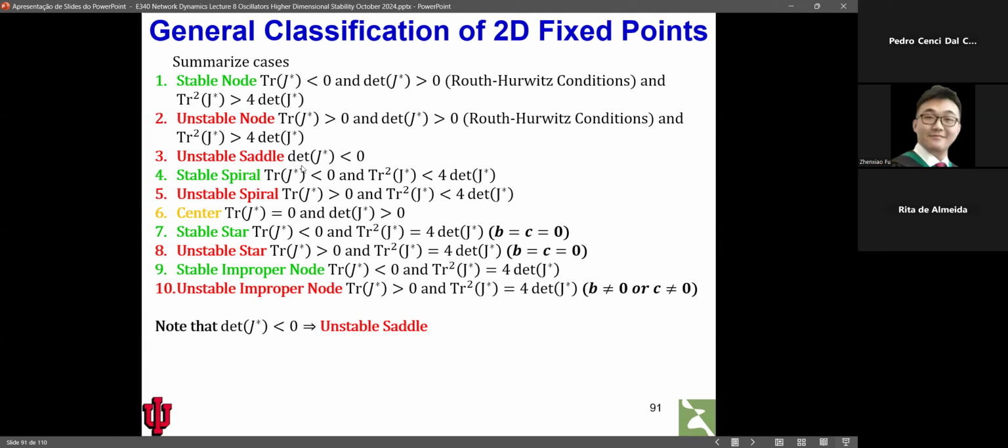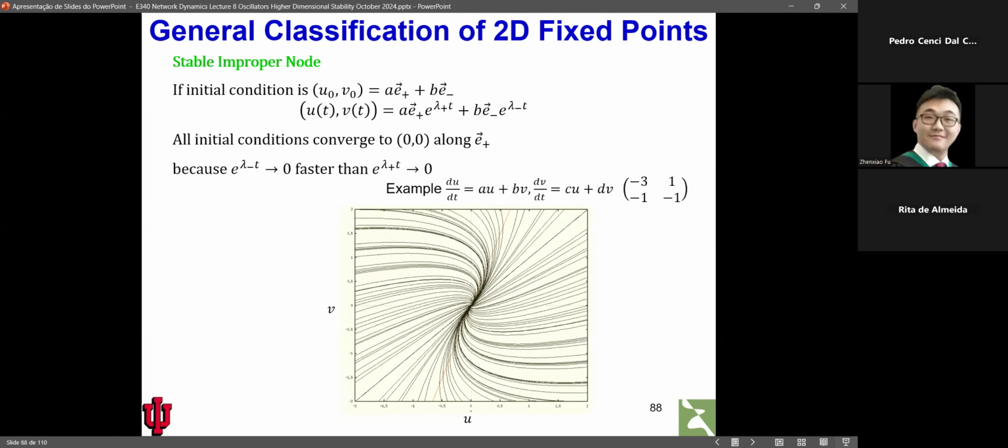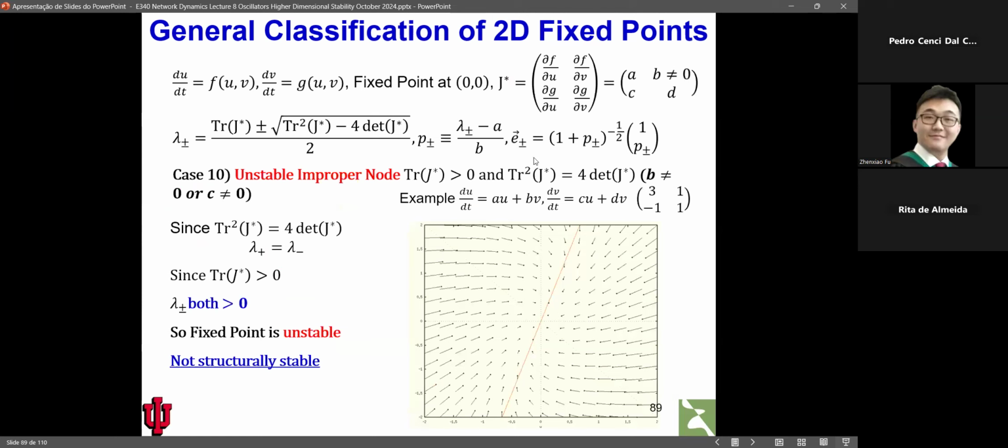And what happens if the determinant is less than 0? You have an unstable saddle, because one could be positive and the other negative.